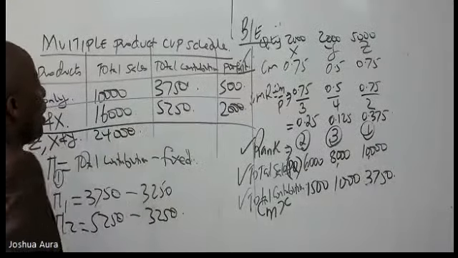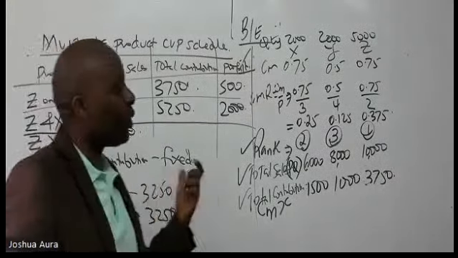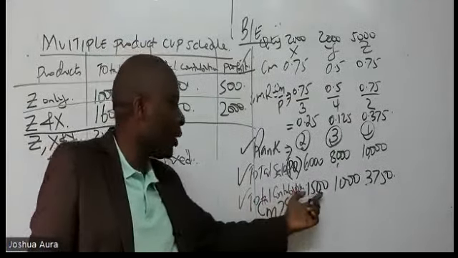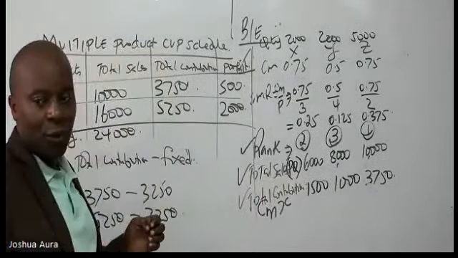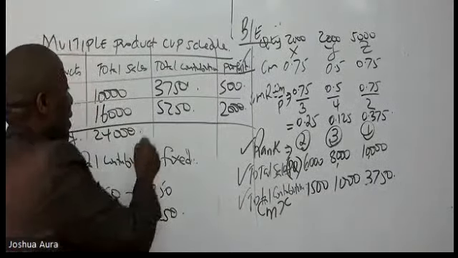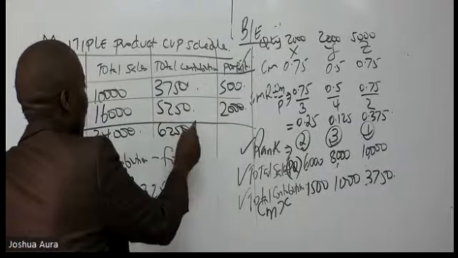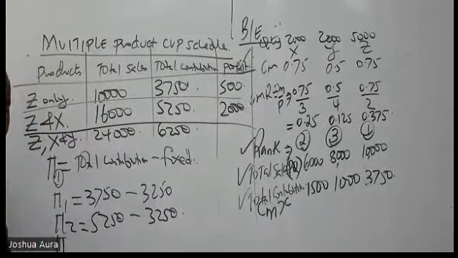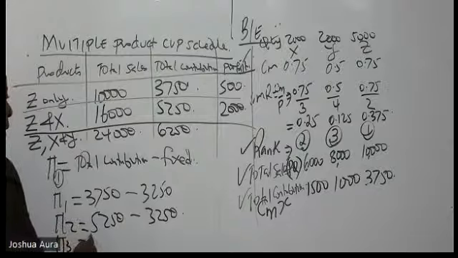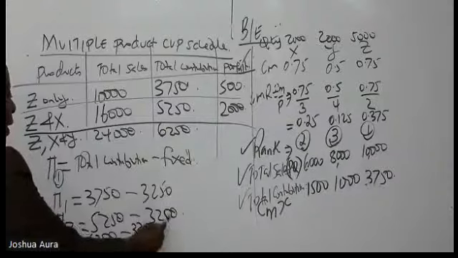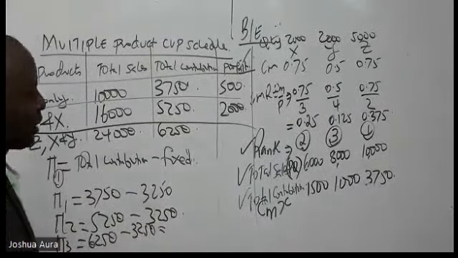Thank you so much. How about the total contribution from the three products? Please add them up. I'm being given a figure of 6,250. Then, to get the third profit, I take the 6,250 and subtract the 3,250 fixed cost. So what figure are we getting here as our profit?